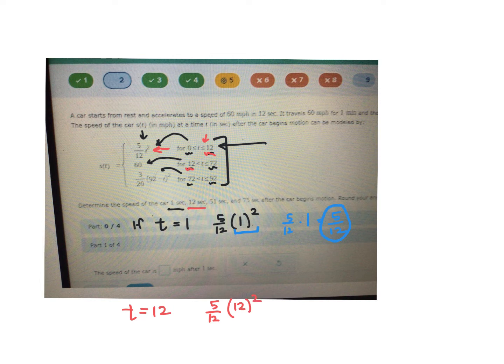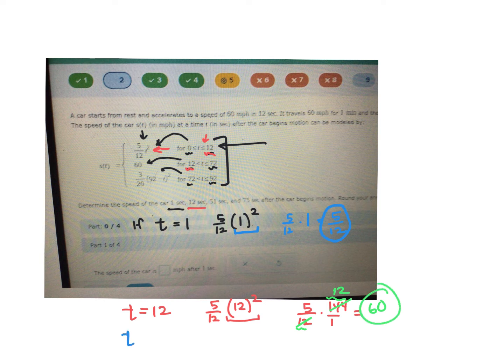Following order of operations, we do 12 squared first, so that's 144. So I have 5 twelfths times 144. To multiply that, a quick way is reducing first. The 12 here can reduce with the 144 by 12, so we divide and get 12. 5 times 12 is 60. So we have our speed, 60 miles per hour after those 12 seconds.